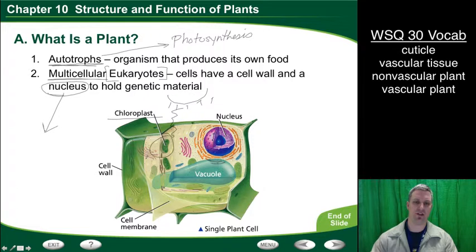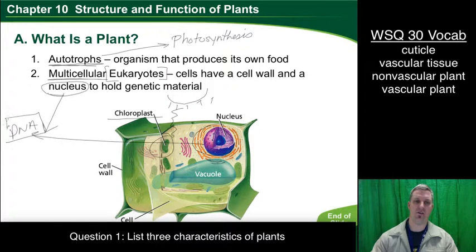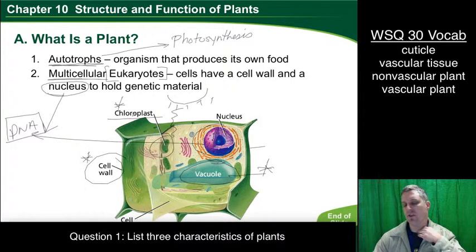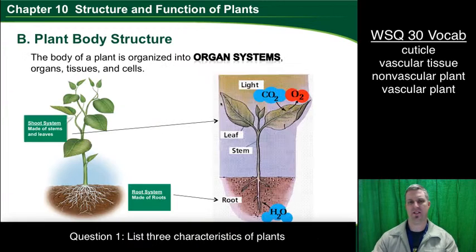Inside that nucleus they have DNA, the blueprints which determine the cell. If we put a plant cell up against an animal cell, the big structural differences are going to be the cell wall, vacuoles, and chloroplasts. Those three things are very unique from animals. So that's what a plant is.